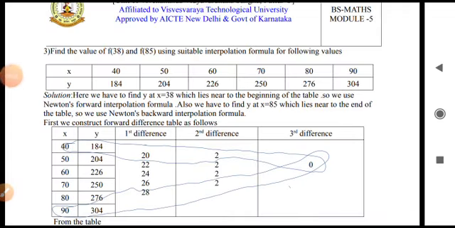Third problem. Find the value of f of 38 and f of 85 using a suitable interpolation formula for the following values. X and y values are given. So, we have to find f of 38. Finding f of 38 is nothing but finding the value of y at x equal to 38, which lies near the beginning of the table.